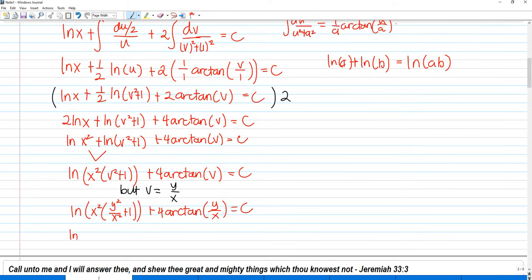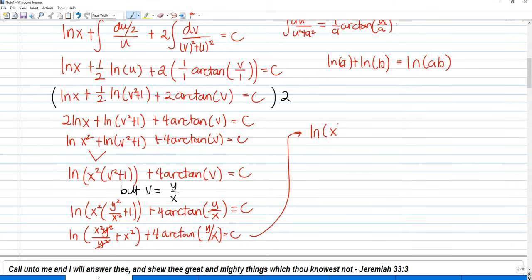So simplify this. We have ln of x squared times y squared over x squared plus 1, and then finally our answer. Sorry, this should be x squared times y squared over x squared, so x squared will cancel.